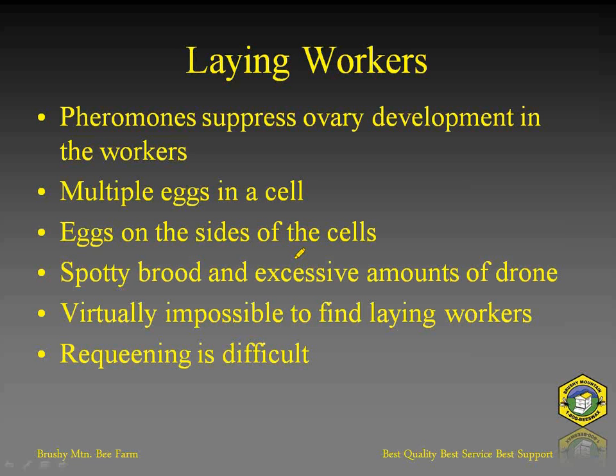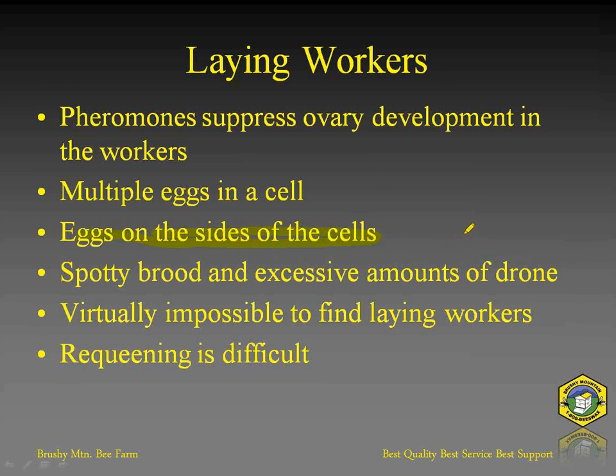So you may find multiple eggs in a cell from a newly mated queen, but that should clear up fairly quickly and should not be widespread through the colony. And also, those eggs should be at the bottom of the cell, as opposed to a laying worker where the eggs are on the sides of the cells. The reason for this is the queen's abdomen, her tail, if you will, is much longer than a worker's.